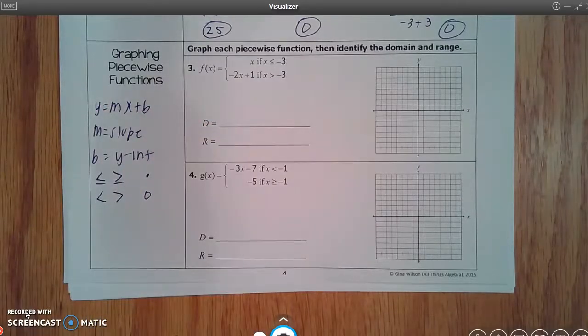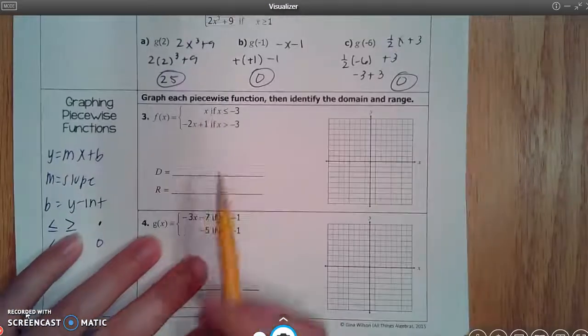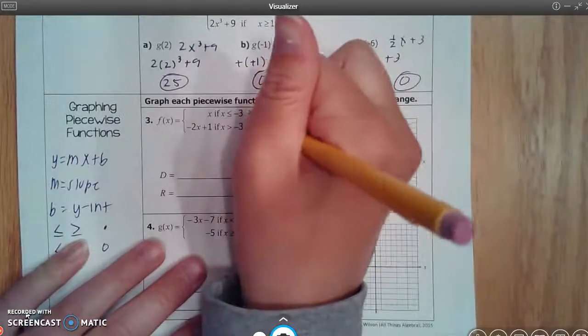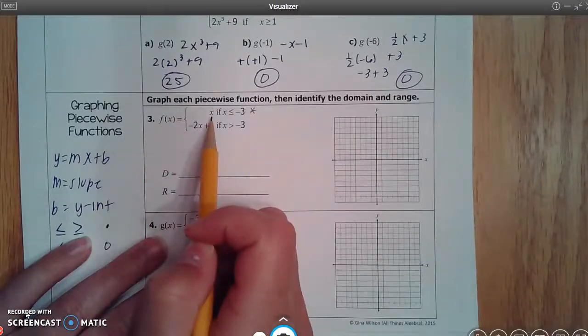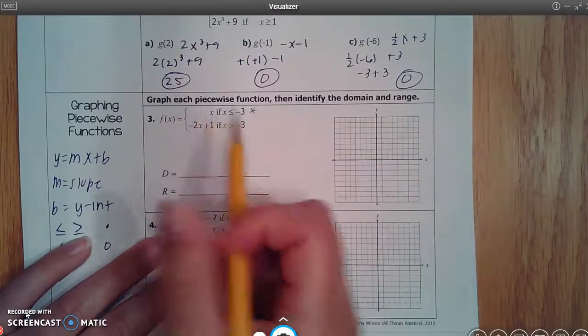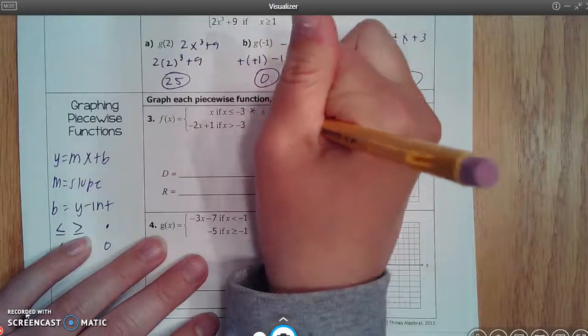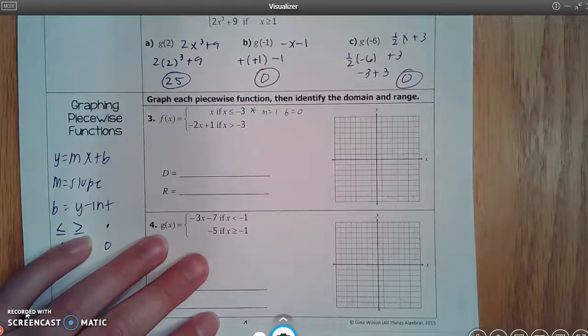Okay, there's a couple ways that you can do this. I'm going to do it in pencil to start, and then we can go from there. The first thing that we're going to do is graph this line right here. This line is f of x equals x. That means for this one, my slope is 1 and my y-intercept is 0.